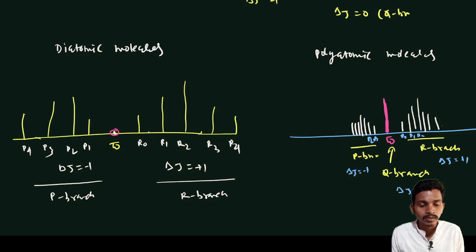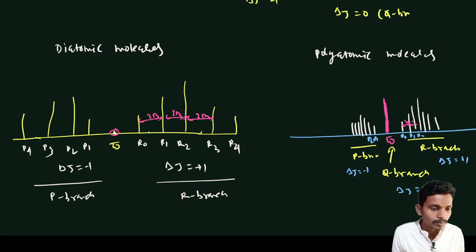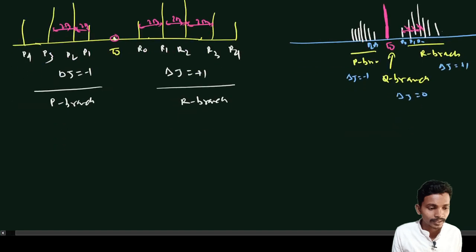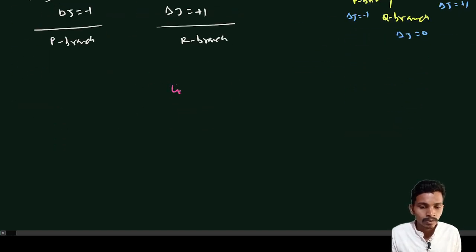Another thing you notice here is that the spacing is 2B here, and also 2B here, and everywhere. But the B value is decreasing, so the spectrum lies more closely. Why does this happen for polyatomic molecules?